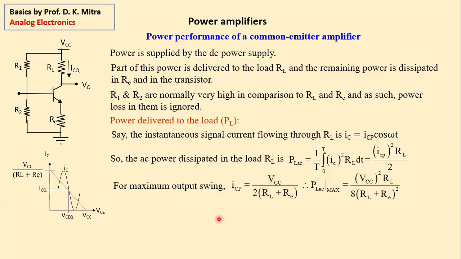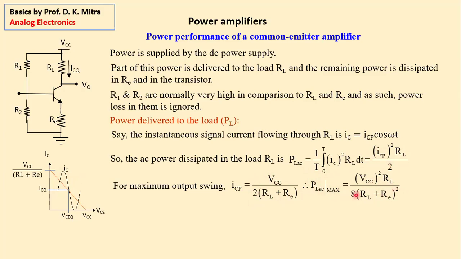If you supply a very low signal, it will be low. The maximum that you can supply is this value. So in place of I_CP, I put this value. Then the maximum AC power delivered to the load is V_CC square divided by 4 (R_L plus R_E) whole square.